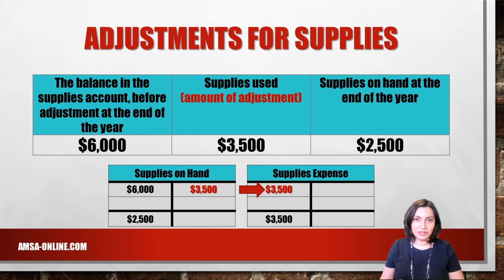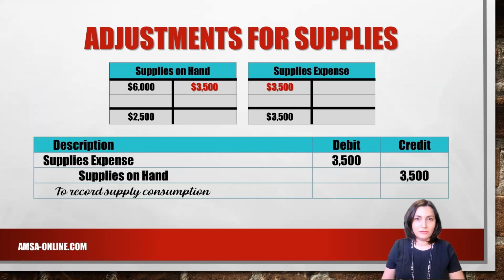They are increased by debit and decreased by credit. $3,500 is recorded on the left or debit side of the supplies expense account, increasing supplies expense. Since there are no more transactions, the ending balance in the account is also $3,500.